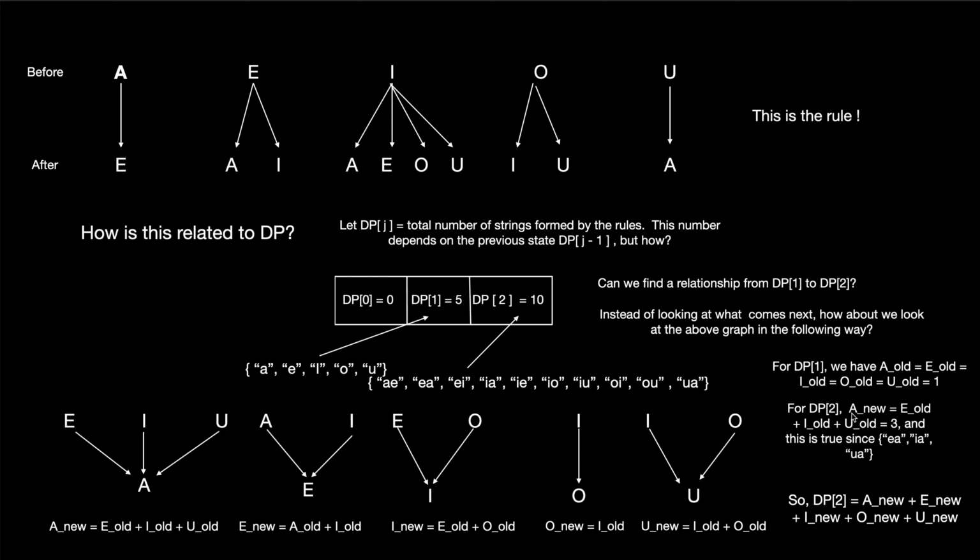It means that A_new is equal to 3, and that is true because if you look here, how many strings end with the letter A? That's EA here, IA here, and then UA. After E we have to add A, after I we have to add A, and after U we have to add A. So this is the recurrence relationship.